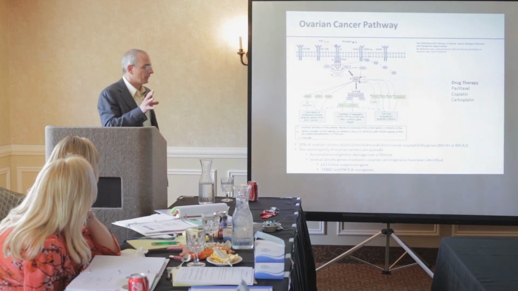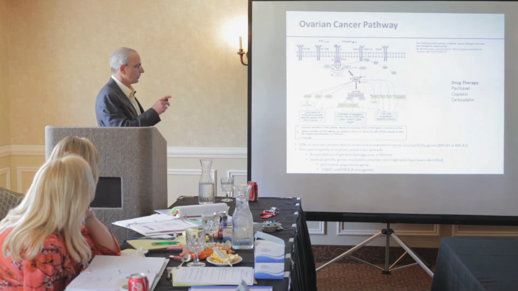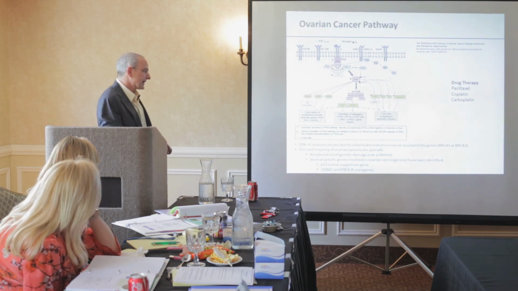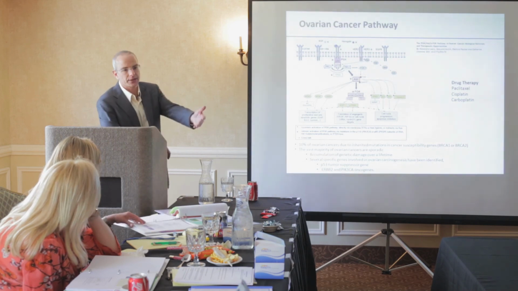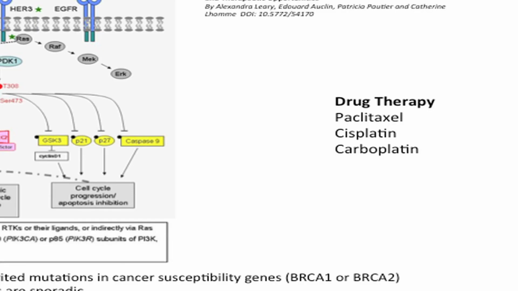So remember that those genes are not going to be the be-all and end-all of all breast cancers. As I just mentioned, it's an accumulation of genetic damage that is the other side of the coin, which is the 90%. So there are some drug therapies out there as well, typical ones that tend to get used on many other cancers.